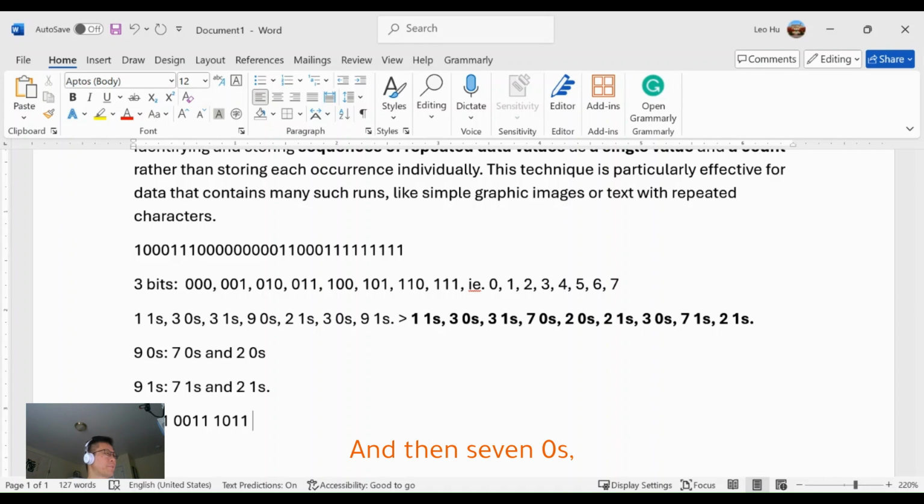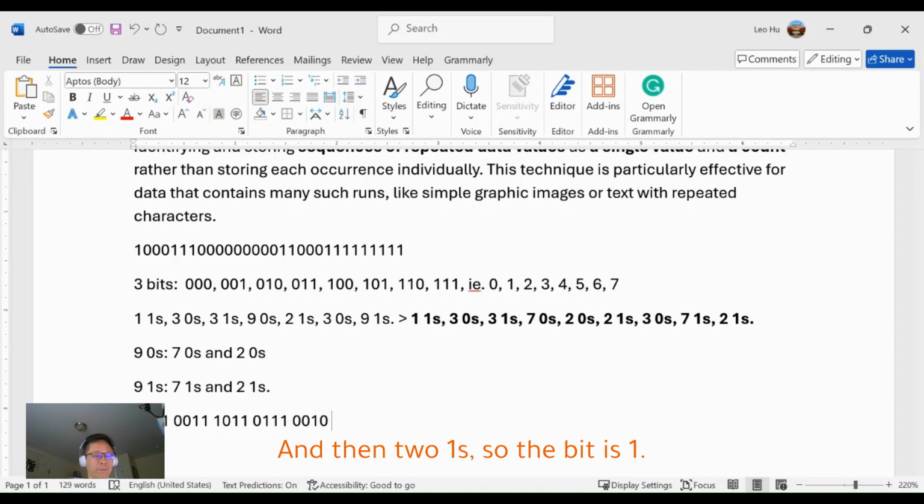And then 7 zeros, the bit is 0, and the number of bits is 7, that is 1 1 1. And then 2 zeros, the bit is 0, and the number of bits is 0 1 0, that is 2.